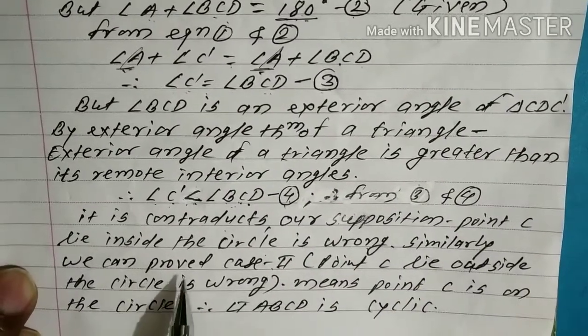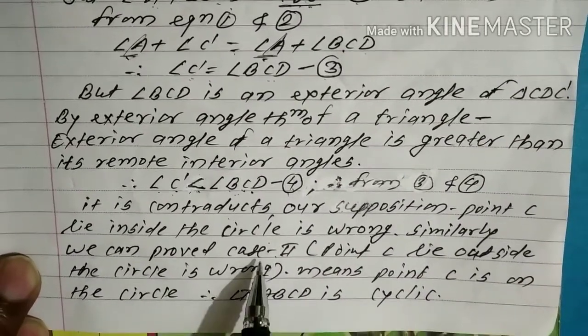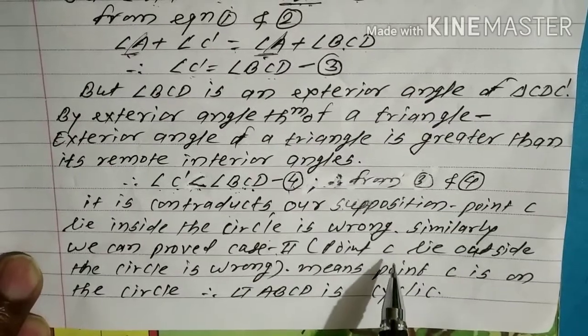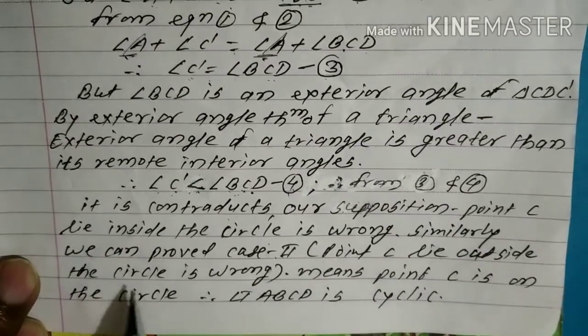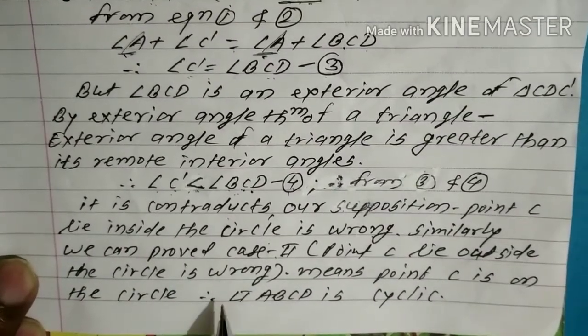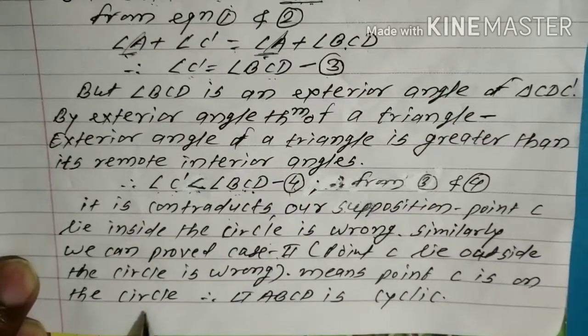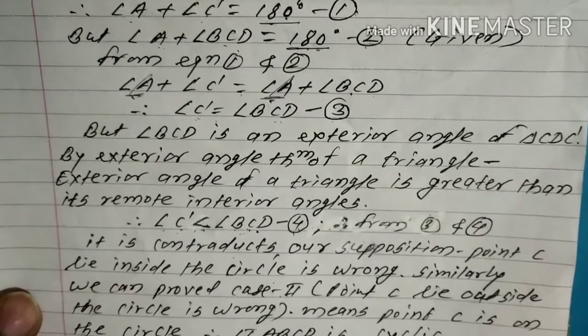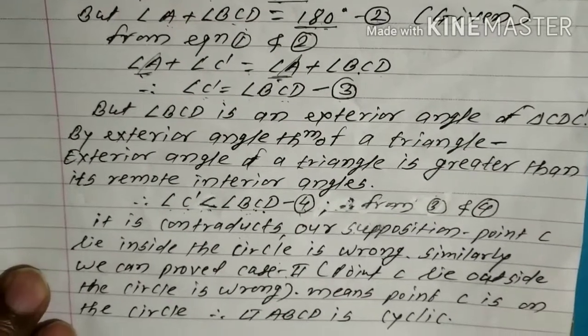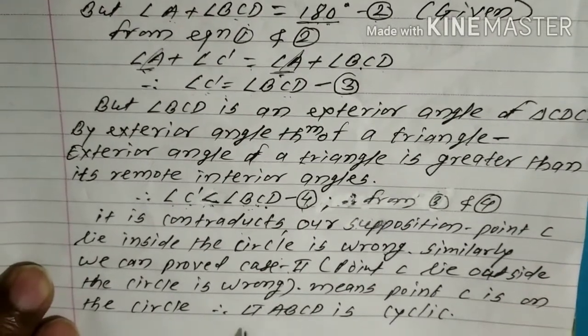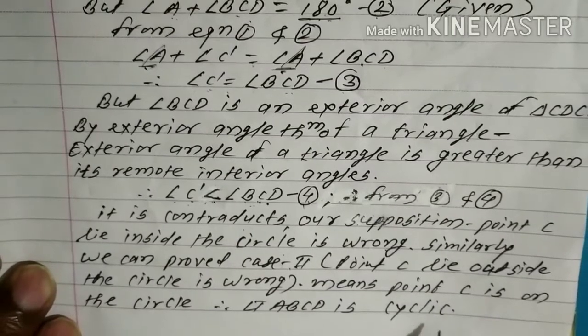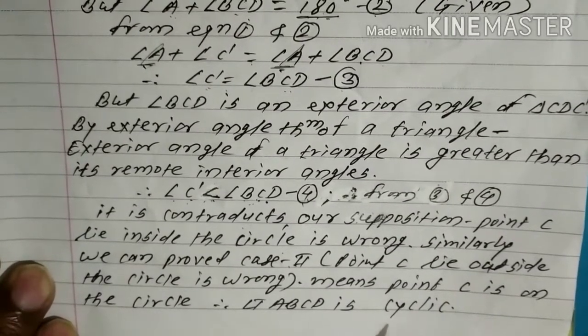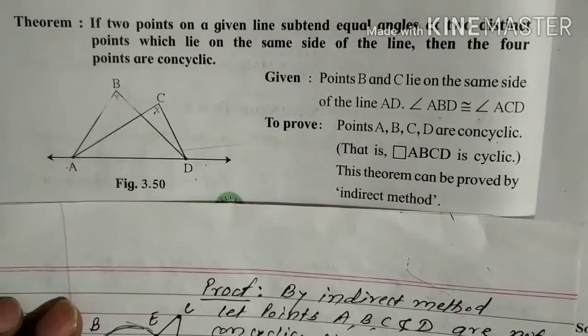Similarly, we can also prove that in case second, point C lying outside the circle is wrong. Means point C is on the circle. Means points A, B, C, D are on the circle. Hence quadrilateral ABCD is cyclic. Hence the theorem is proved.